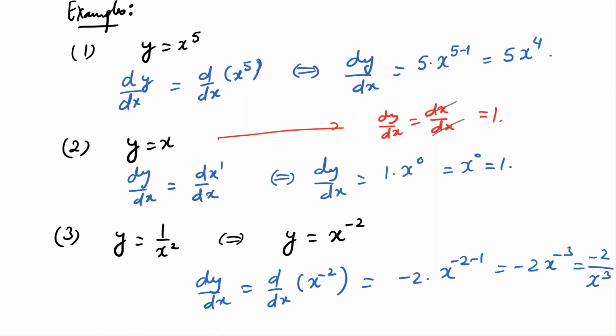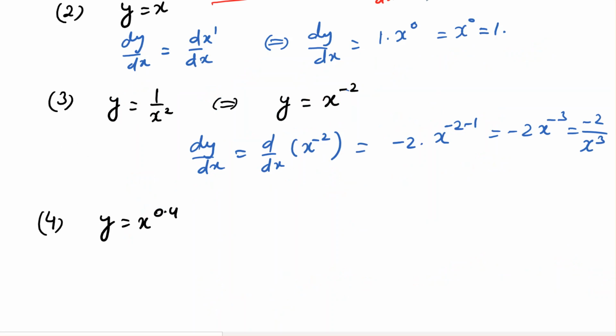So far we have discussed the cases when we have a positive exponent, when the exponent is 1, or when the exponent is negative. What if we have a fractional exponent, or an exponent which is in decimal form? In this case, taking the derivative on both sides, we have 0.4 as our exponent.